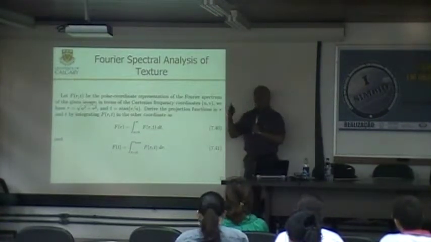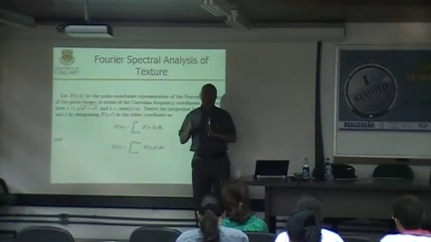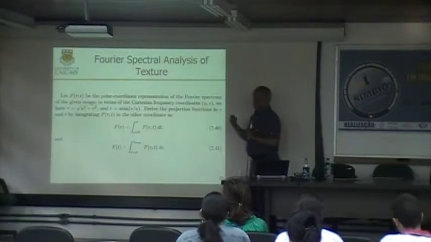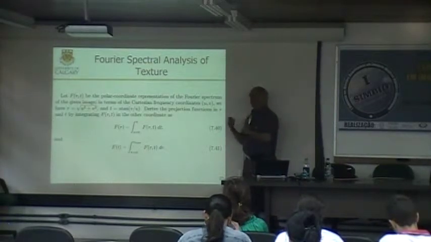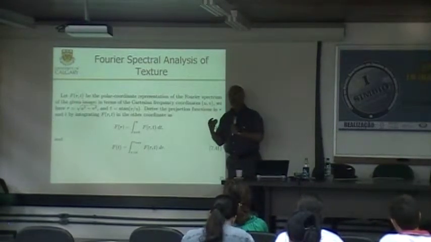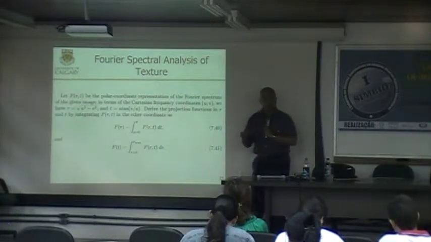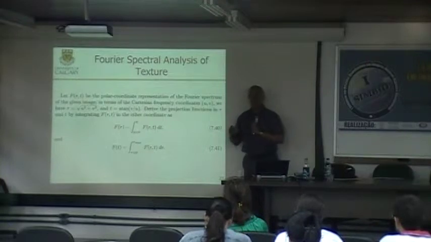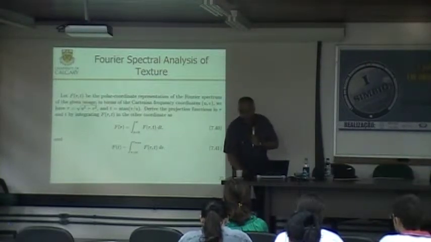So this is in the image domain. We are using pixel values directly to compute statistics. Or you can also analyze in the Fourier domain. You can take the Fourier transform and look for certain patterns that can be related to texture.